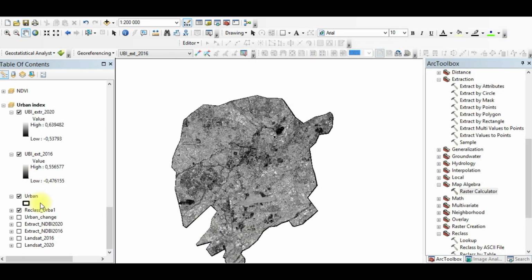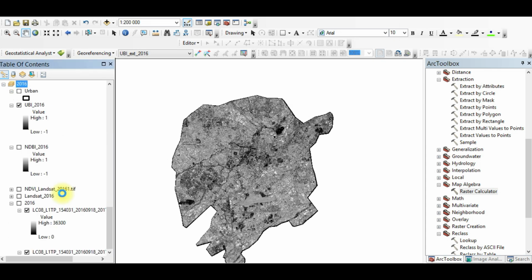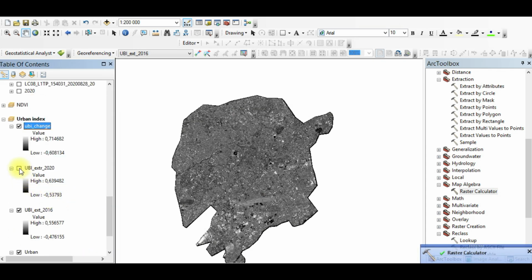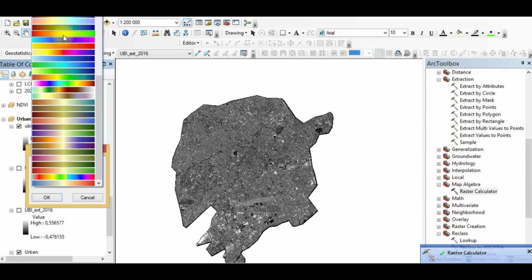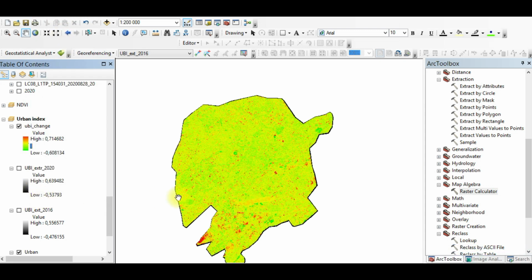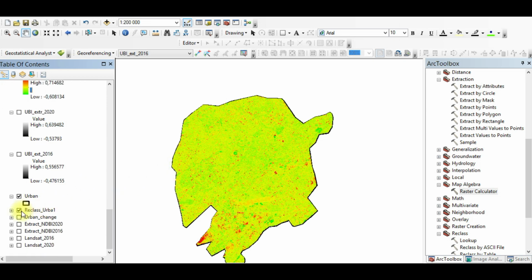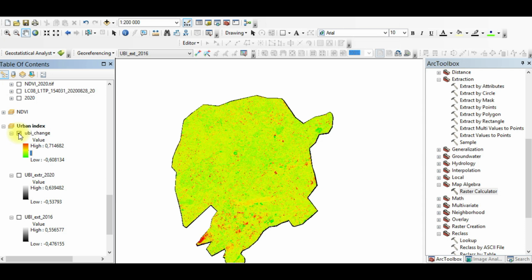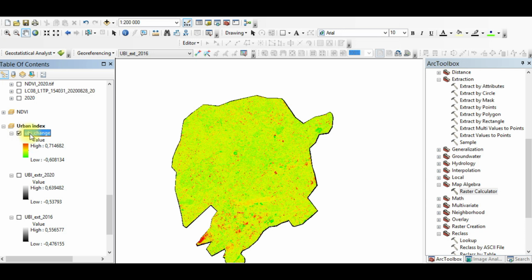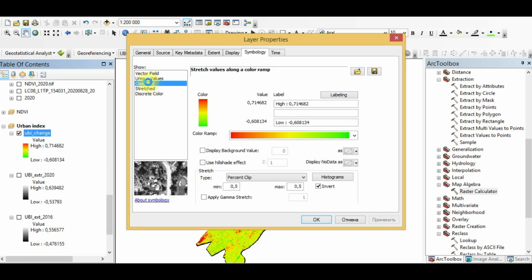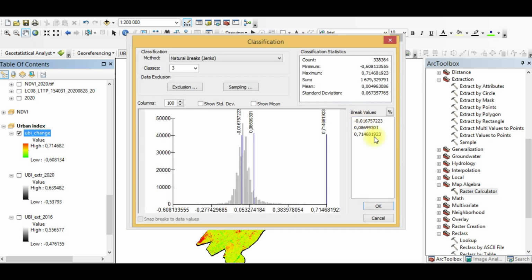So according to this index, the results can actually differ, so let's at first take a glance. Actually the urban index shows almost the same results compared to our NDBI. So we can again change the classification, 3 classes.